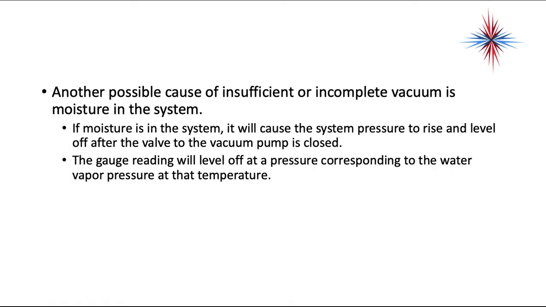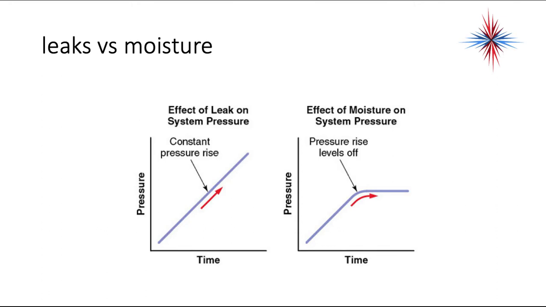Another possible cause of insufficient or incomplete vacuum is moisture in the system. If there's moisture in the system, it will cause the system pressure to rise and level off after the valve to the vacuum pump is closed. The gauge reading will level off at a pressure corresponding to the water vapor pressure at that temperature. Okay, so when you take a look at pressure over time, if there's a leak, there's going to be a constant pressure rise.